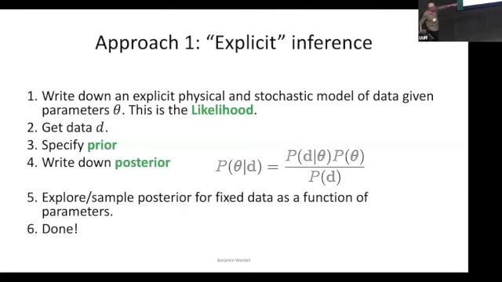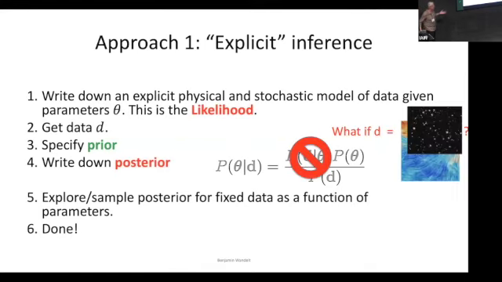You specify a prior on your parameter space saying, what do I know about my parameters before I've taken the data? Then you write down the posterior using this formula. The posterior is the thing on the left that tells you what do I know about the parameters now that I have the data. And then you explore that function on the left for fixed data as a function of the parameters, and then you're done. And that's the recipe for comparing data with theory.